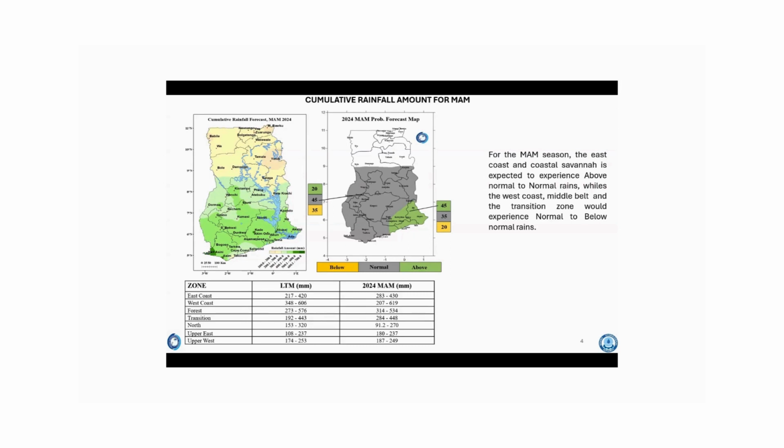The other one is monitoring. During the period, we will need to monitor our fields to see incidences of this pest so that we can take the necessary intervention. So it's possible there can be outbreaks like fall armyworm, which is one major pest affecting cereal production in Ghana.